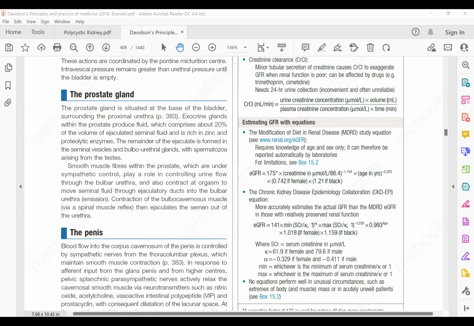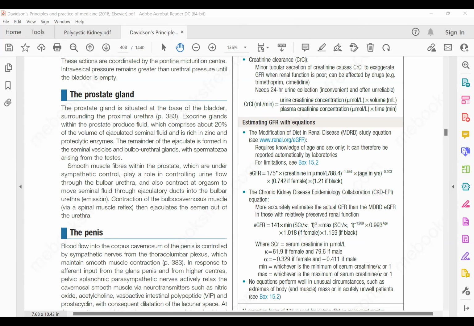Supposing I change it to men and I recalculate. 59, much better. Same creatinine in men is a lesser renal failure. Same creatinine in women is more renal failure.